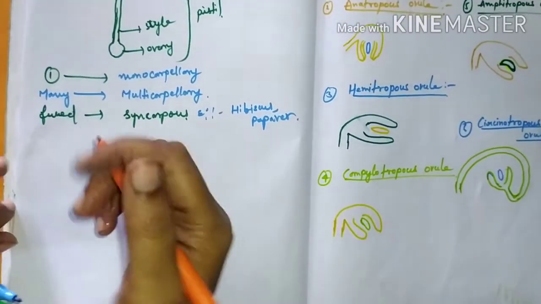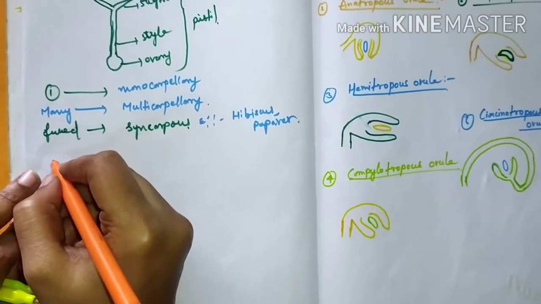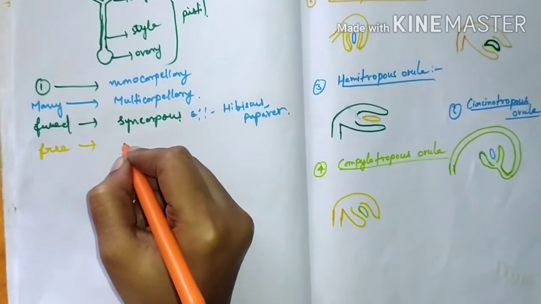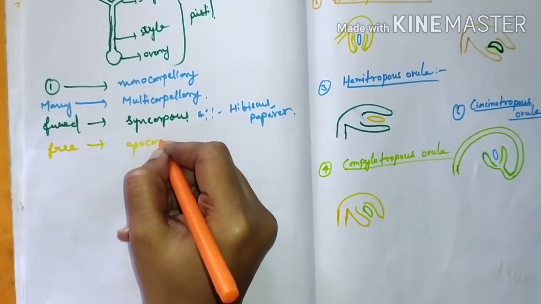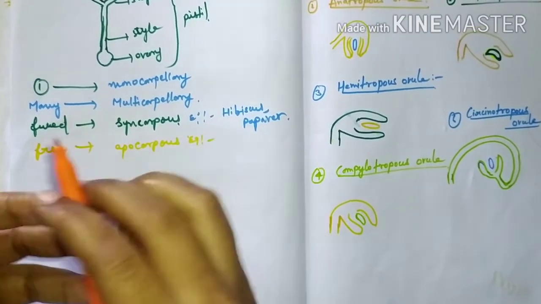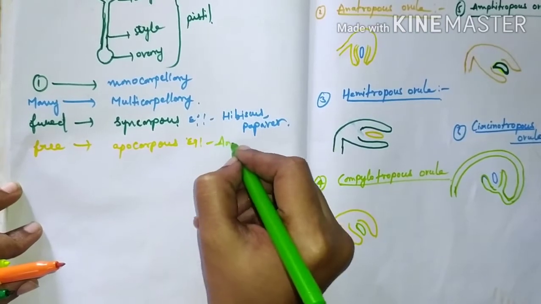If in the multicarpellary condition the pistils are free, that is called apocarpous. Examples are annona and michelia.